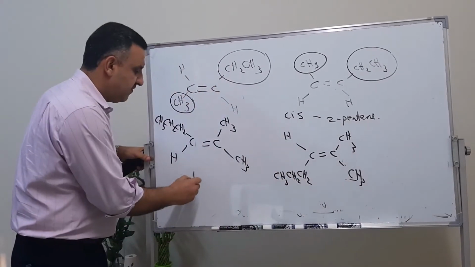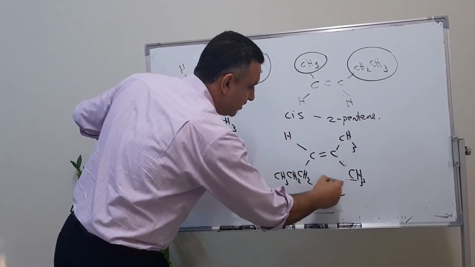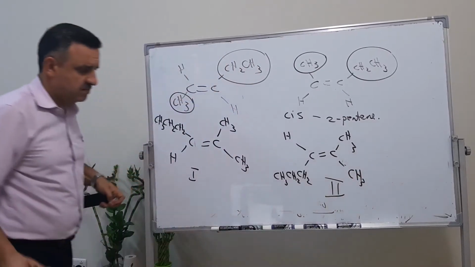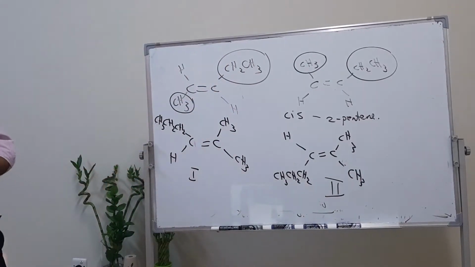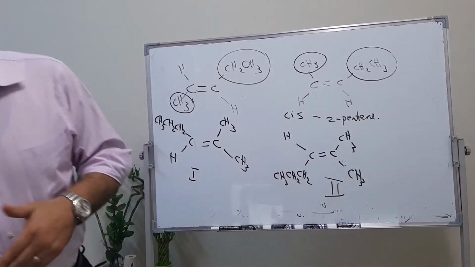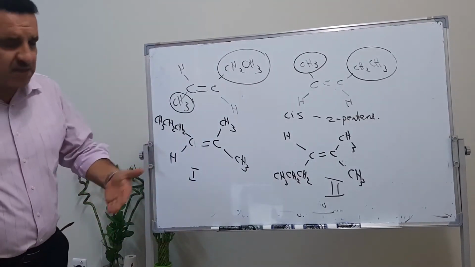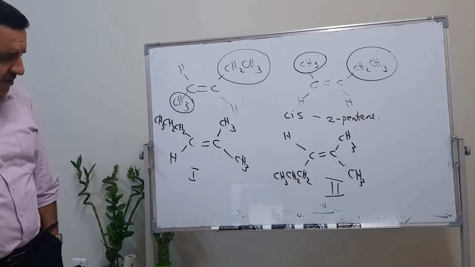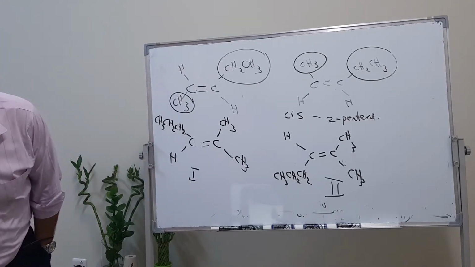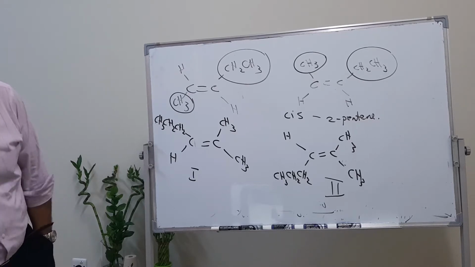Now, if I ask you, what's the relationship between structure number 1 and structure number 2? Are they stereoisomers? Are they the same compound? What do you think? Same compound, I think, Victor. Why are they the same compound?